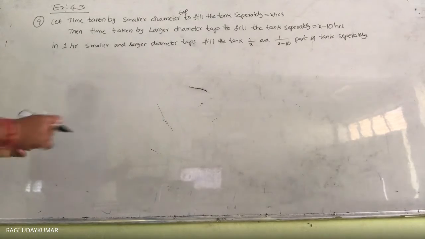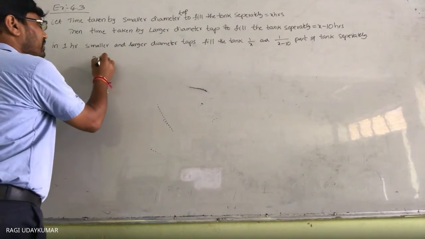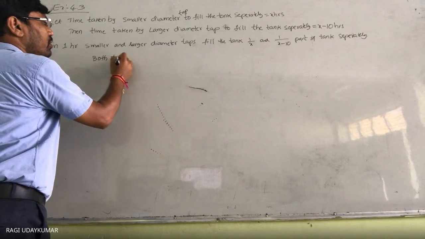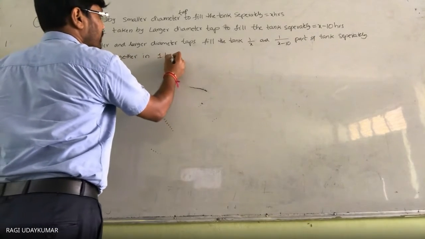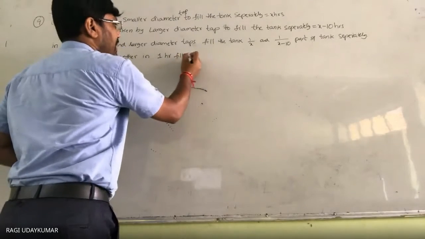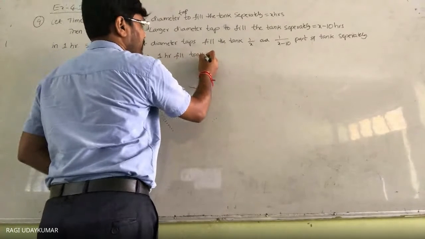Okay. So then both together in 1 hour fill the tank 1 by X plus 1 by X minus 10th.